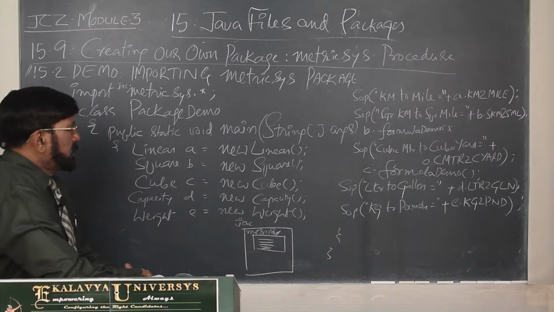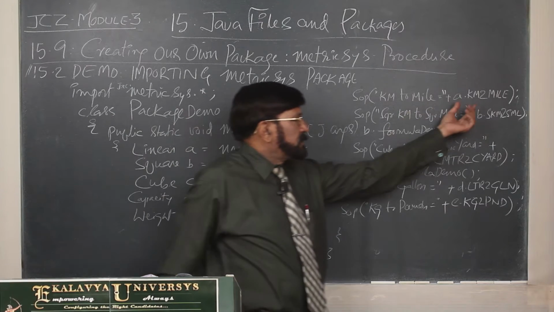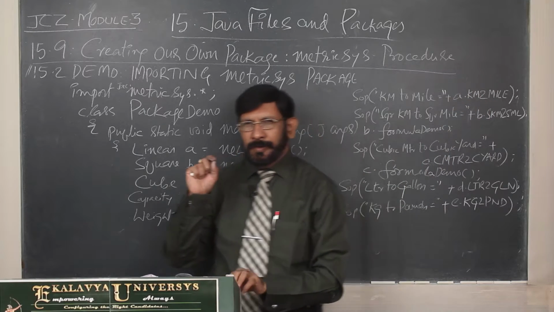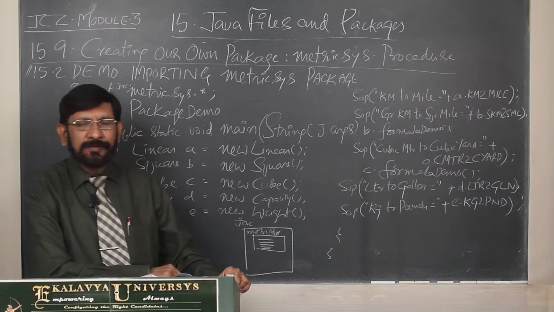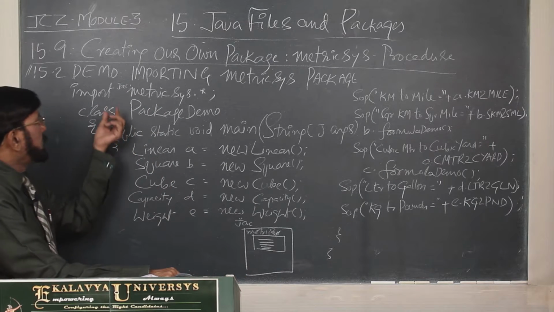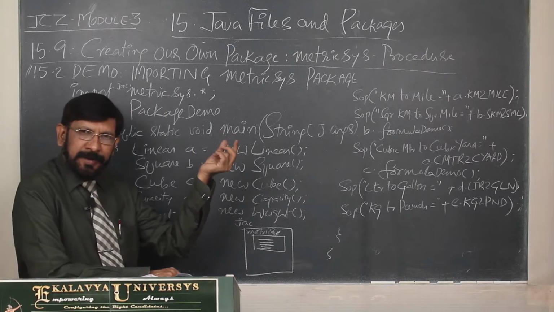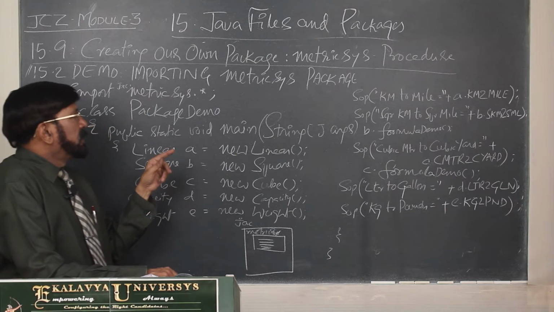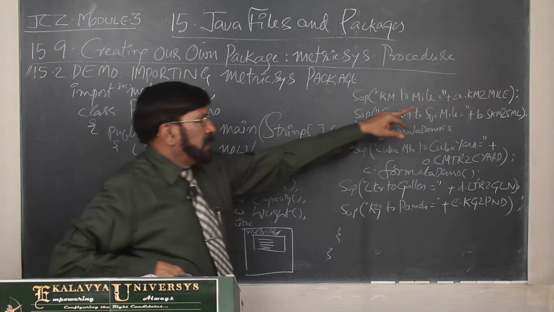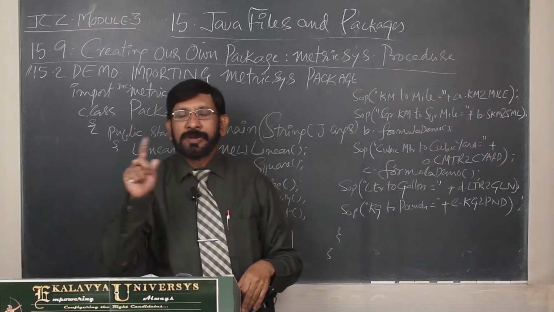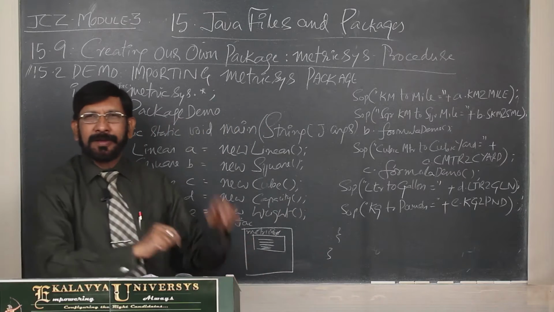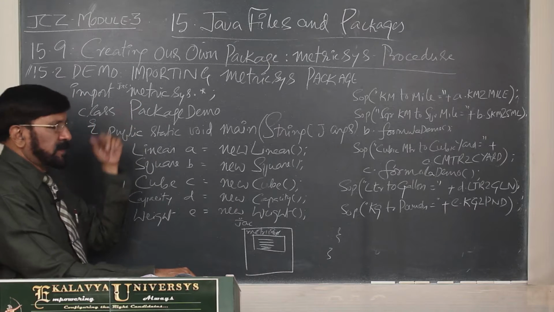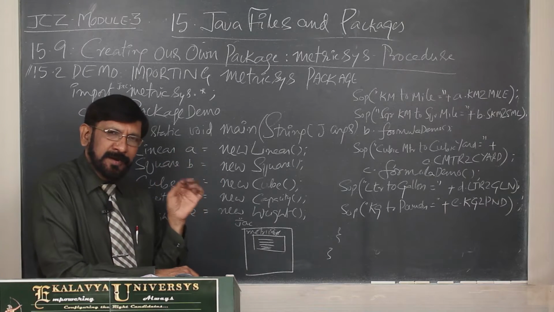Assume that you are not writing the import statement of Metricsys. Then in order to represent this value, what do you have to do? You have to write the fully qualified name. What is the fully qualified name? Jack.Metricsys.linear.km to mile. That is the fully qualified name. Within the Jack directory, the Metricsys directory is there, which in this context we call a package.